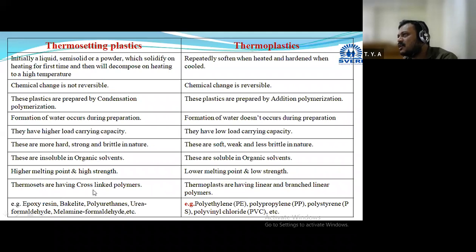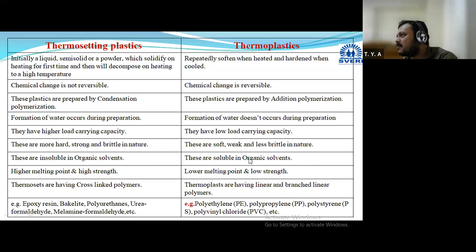Thermosets have cross-linked polymers, and thermoplastics have linear and branched linear polymers. Only linear bonding is there, and due to this linear bonding they have low melting point and low strength. They are easily soluble in organic solvents, have low load carrying capacity, and are soft in nature.